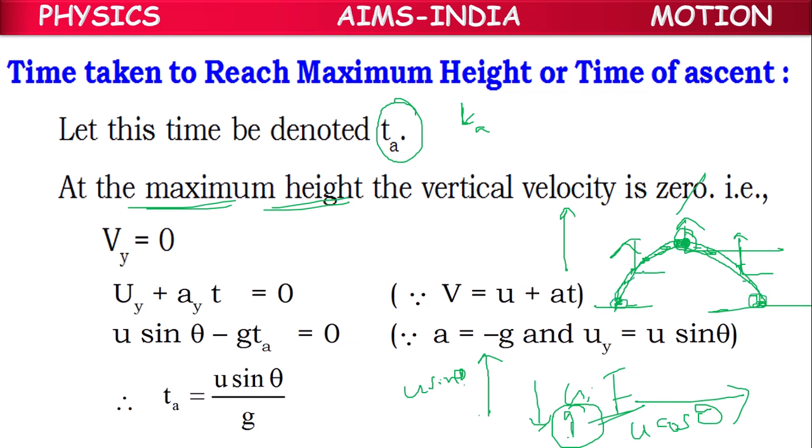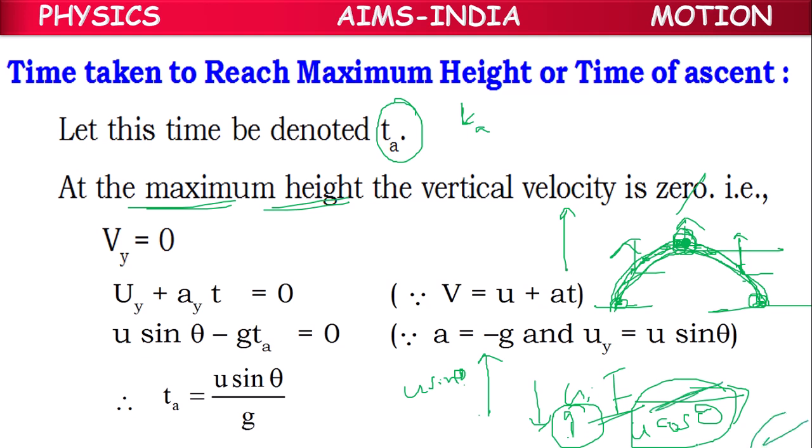So while ascending up, vertical velocity will be decreasing continuously. At maximum height it will become 0. While descending down, this velocity will increase. Only the vertical component of velocity changes, whereas the horizontal component of velocity is the same throughout the journey.